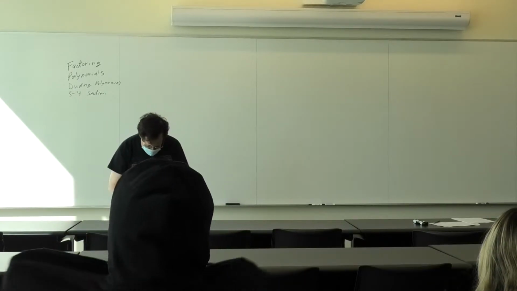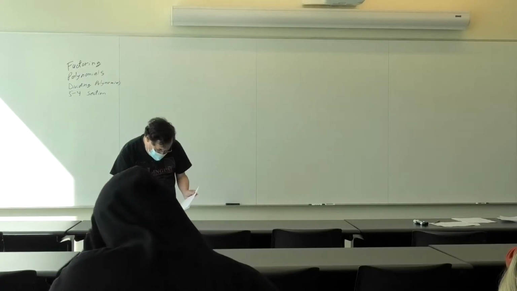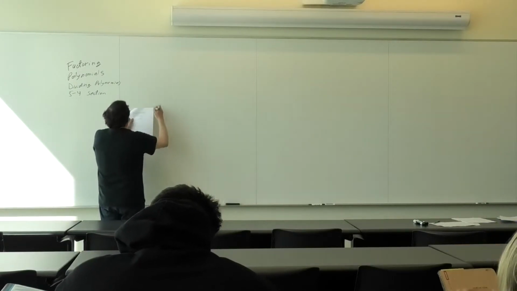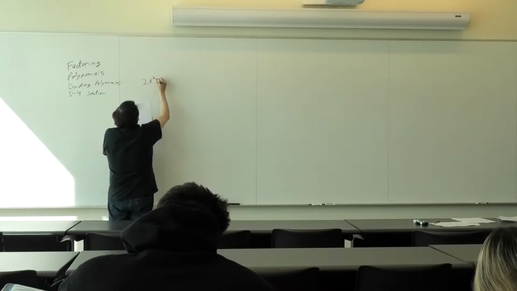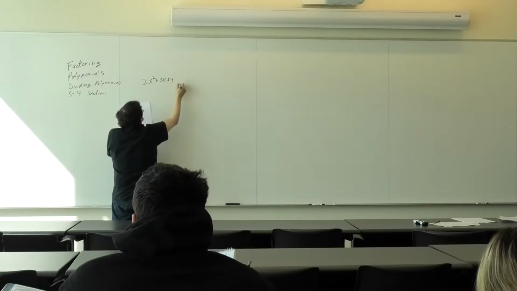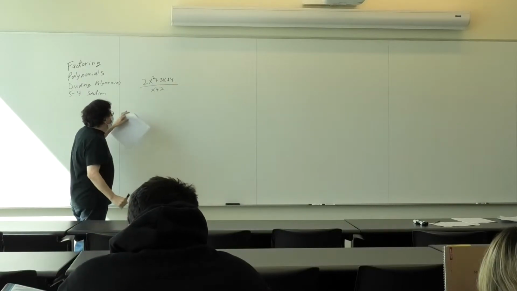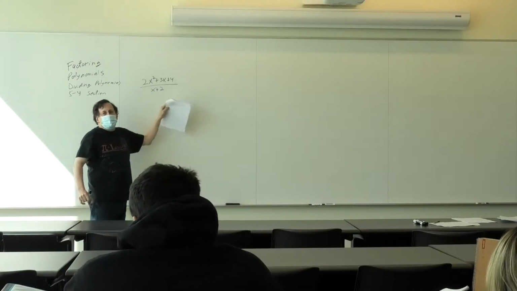So let's see what I want to do here. For example, if I had 2x squared plus 3x plus 4 divided by x plus 2, with the hope that I'll divide without a remainder.